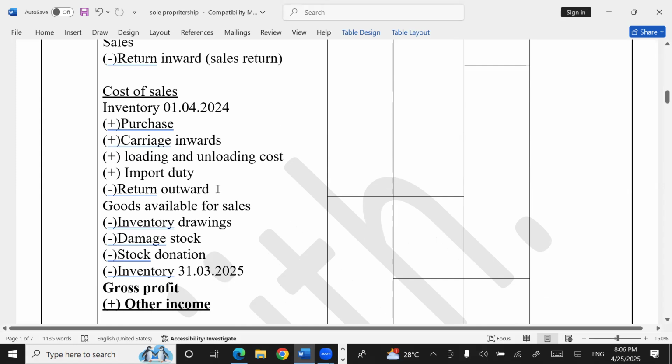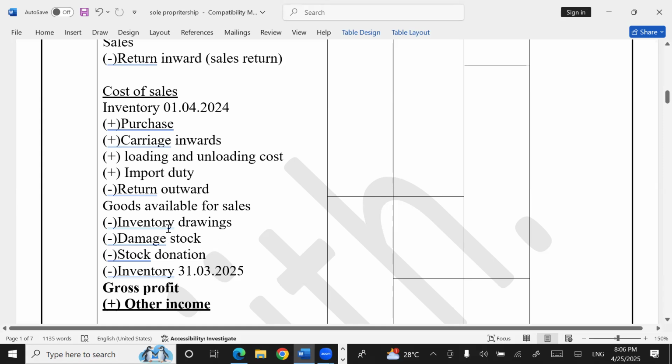Return outwards equals purchase return. Then the answer is goods available for sale, then damaged stock, drawings, stock donation, and closing stock.